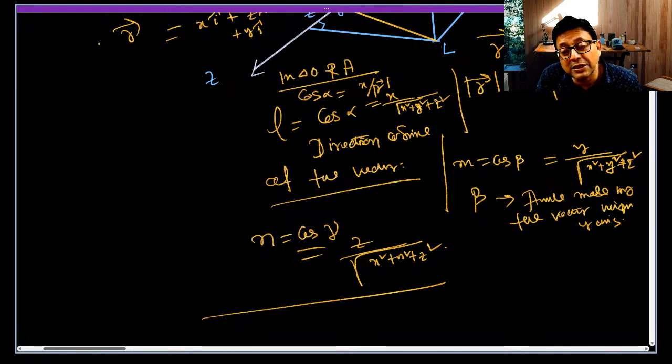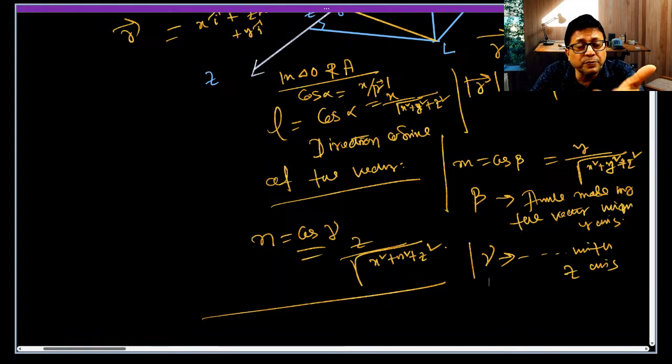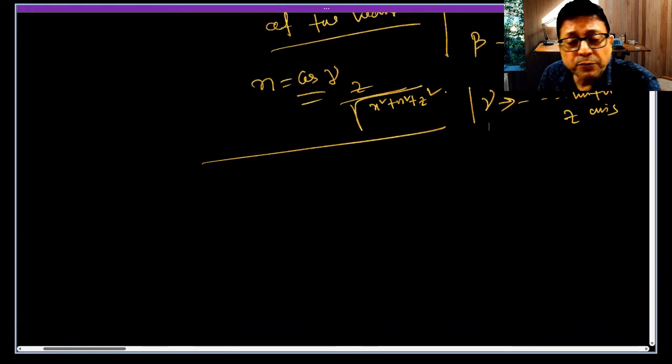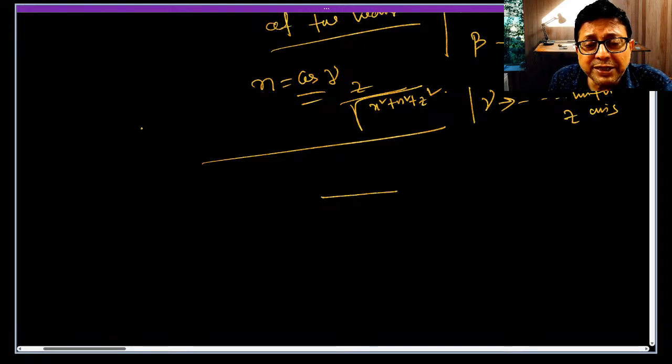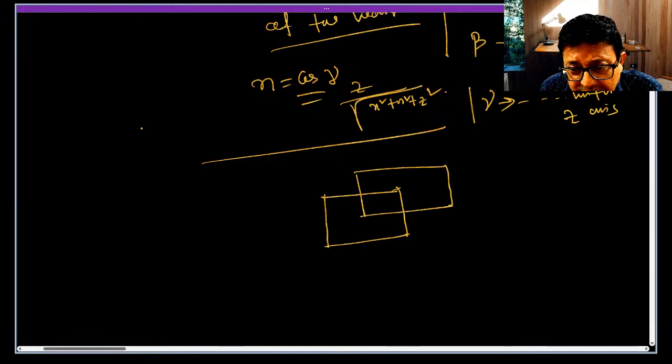Gamma stands for the angle made by the vector with the z axis. Clear? I have given you the proof in one case. You can realize the proof easily by using this cuboid. This is going to be a cuboid.